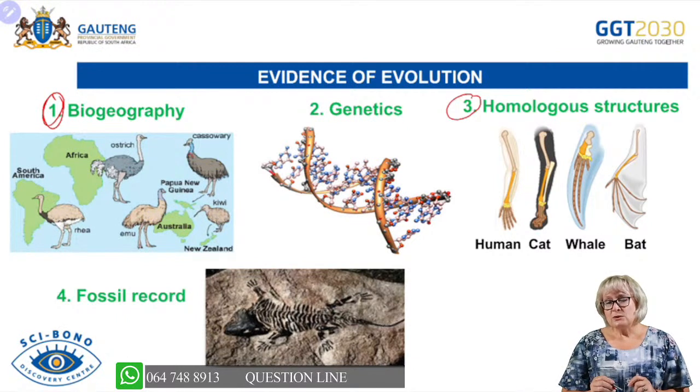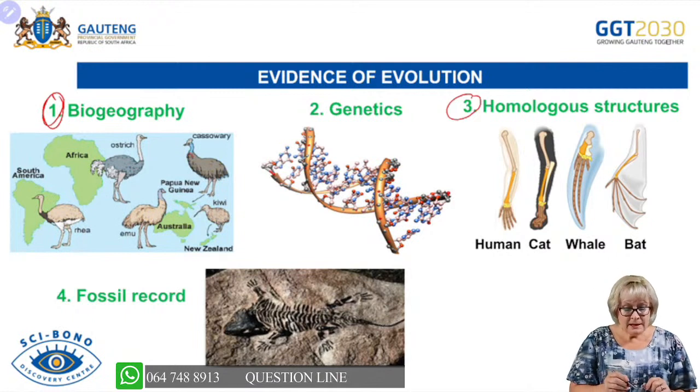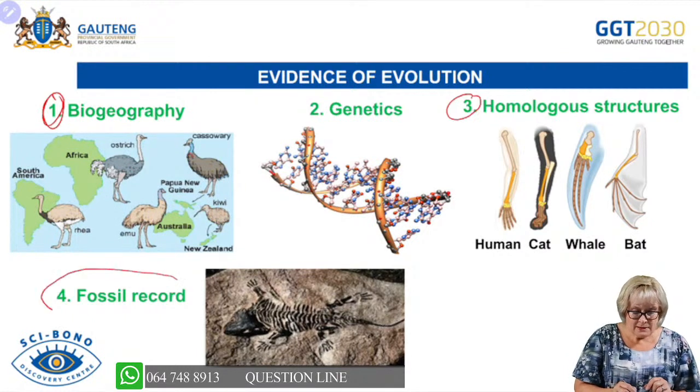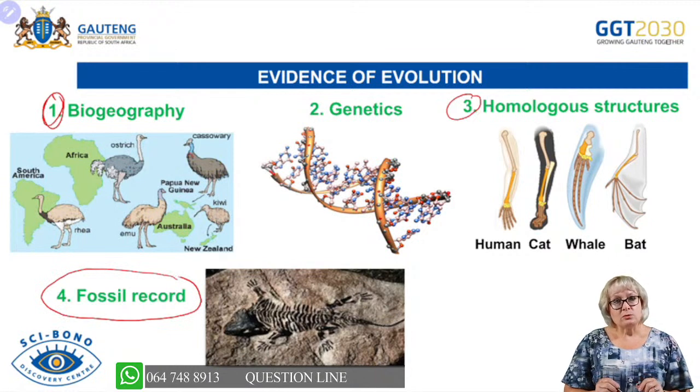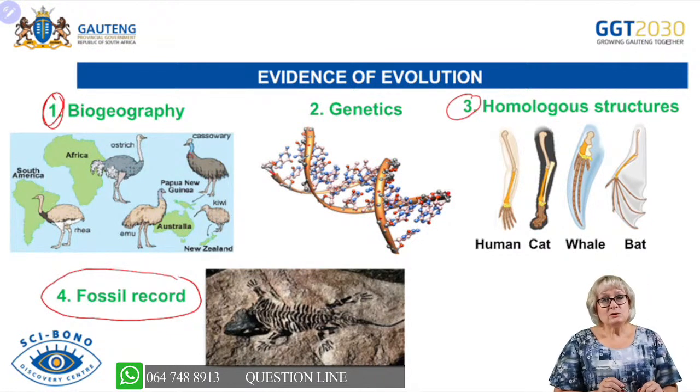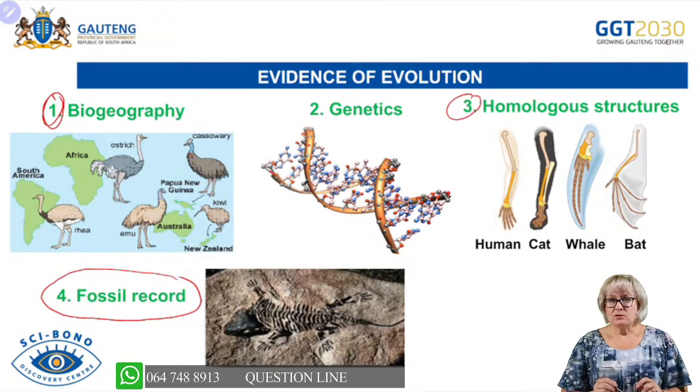You have also looked at this a little bit in the past 2 years. And then the last one, the biggest one, is the fossil record. And in grade 10, you looked at fossil formation and fossil dating. So we are just going to refresh your mind and make sure that all the background information that you need for next year's grade 12 evolution section, you have it fresh in your mind.